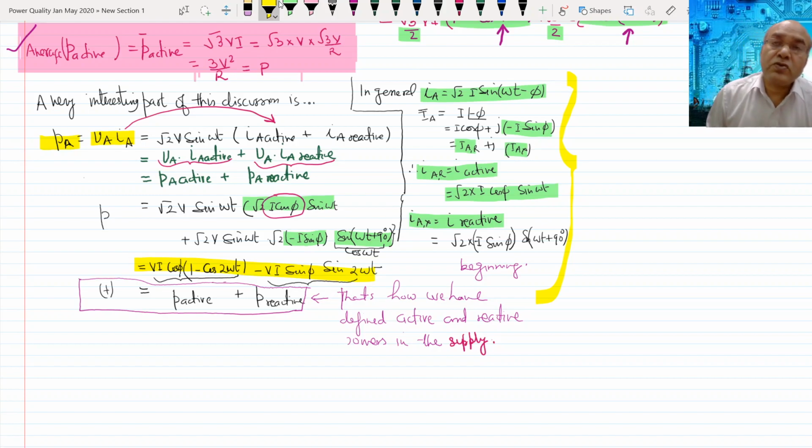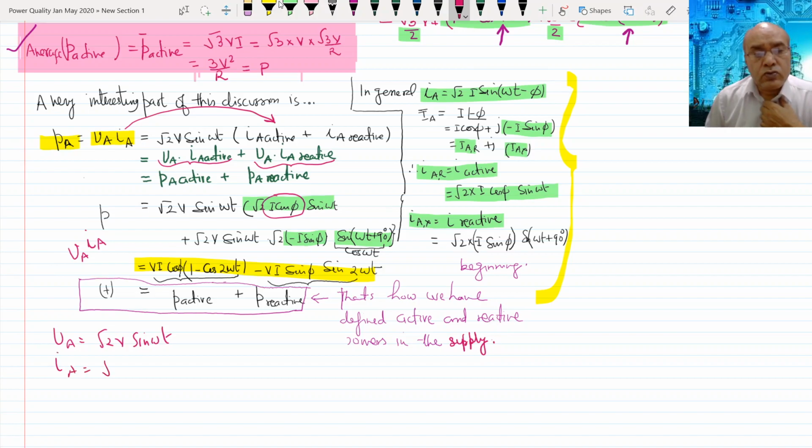These are nothing but the product of B into I, the product of BA into IA, where BA is any expression, let us say root 2 B sin omega t, and IA in general could be root 2 into I sin omega t minus phi. I just took this expression.